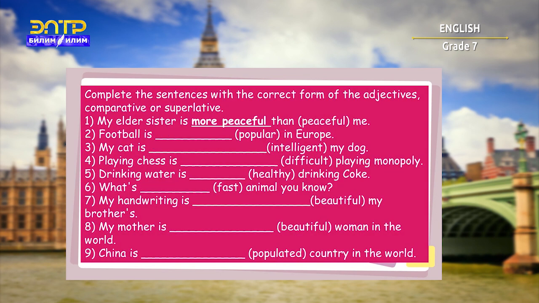So in the next task, we need to complete the sentences with the correct adjectives, comparative or superlative. I'm going to give you some time.